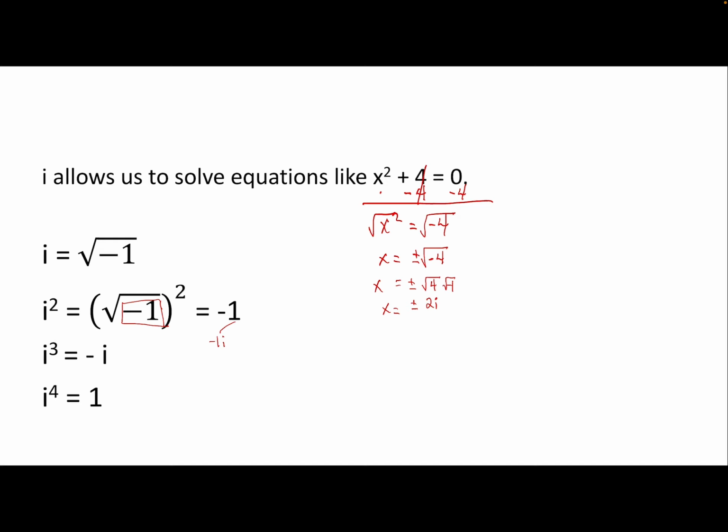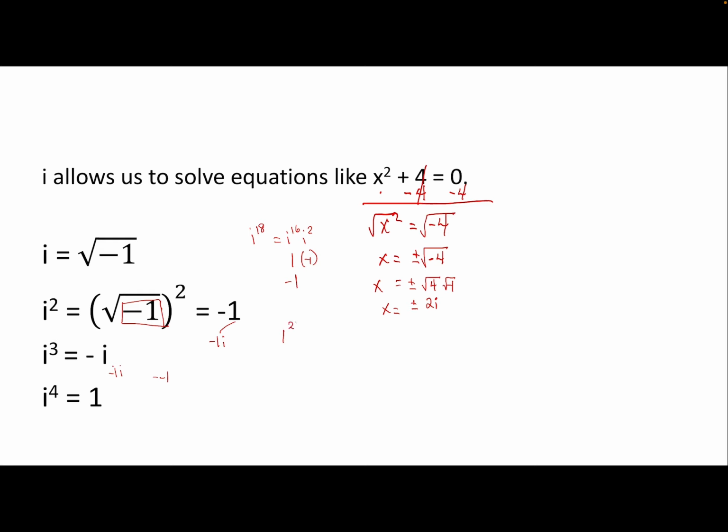And if I want to get i to the 4th, I can take that -i and multiply it by another i, but a moment ago we said that i times i, or i squared, was -1, and a negative times a -1 is going to get us a +1, and so it will cycle through. So if you want to know what is i to the 18th, that's the same thing as i to the 16th times i squared, and i to the 16th is 1, i squared is -1, and so i to the 18th will be -1.